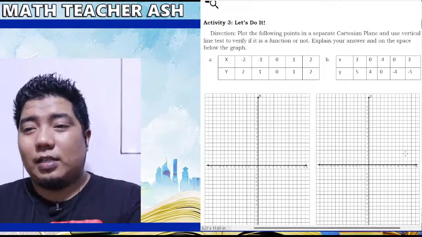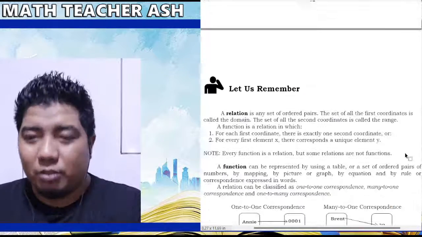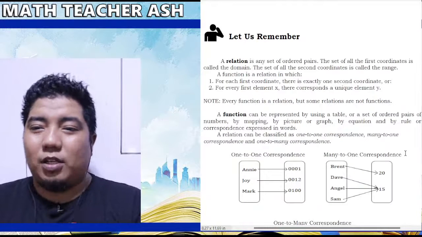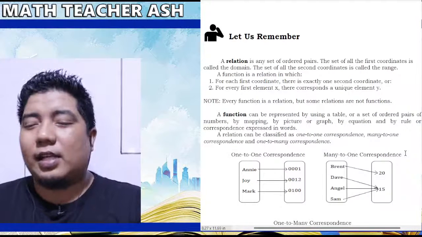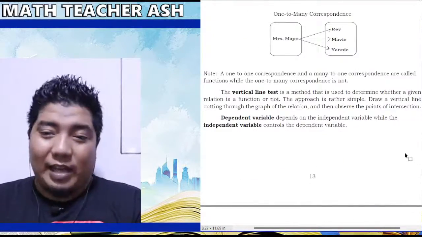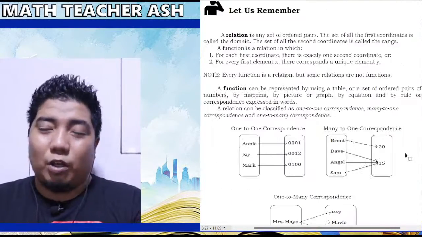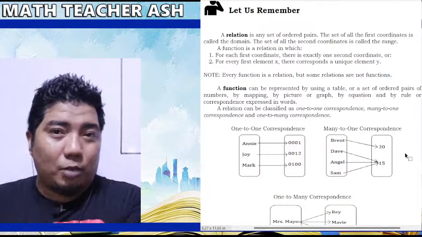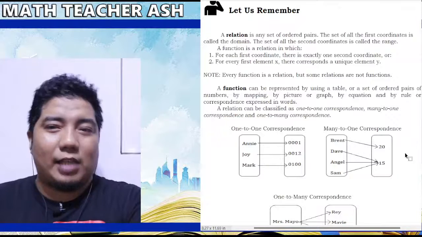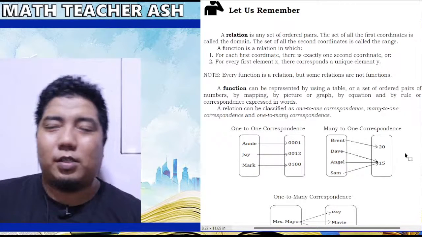So that is, then explain your answer why. So napakadali lang. And we have now the let us remember. A relation is any. So katulad kanina na na-discuss natin sa let us study. And the vertical line test. So relation, lahat ng function ay relation, pero hindi lahat ng relation ay function. So relation is any connectivity with the ordered pairs.